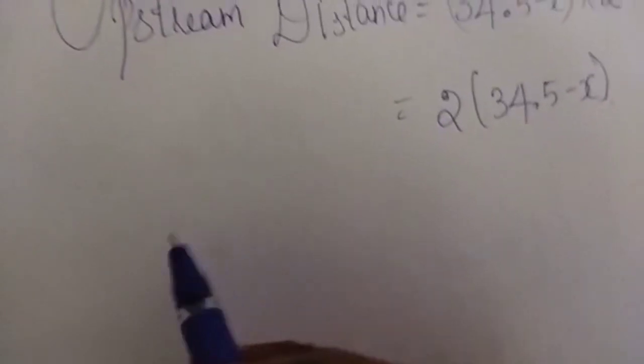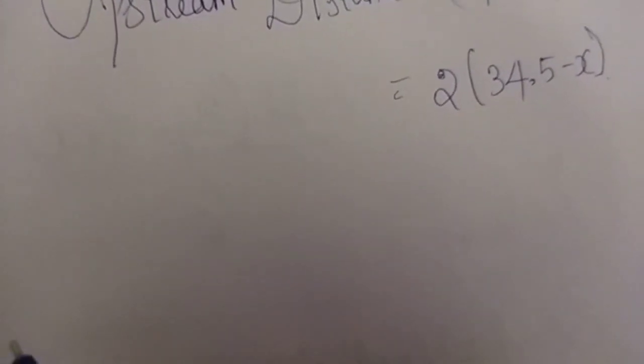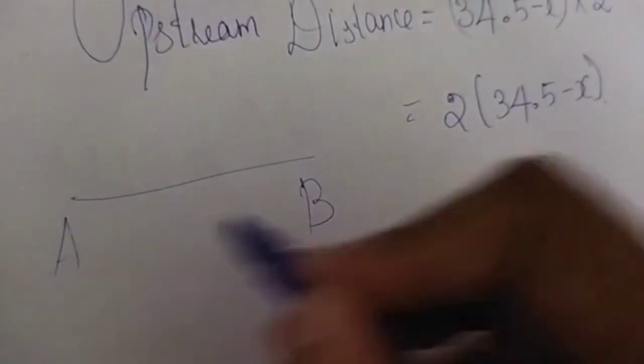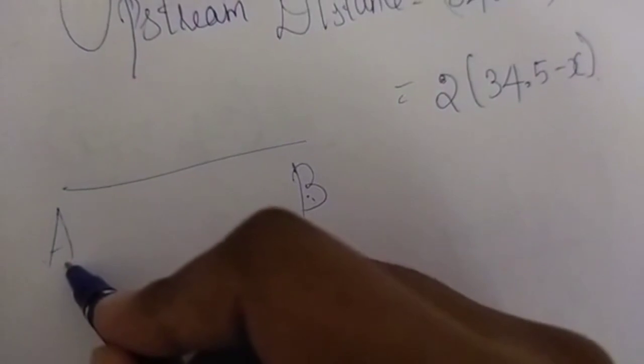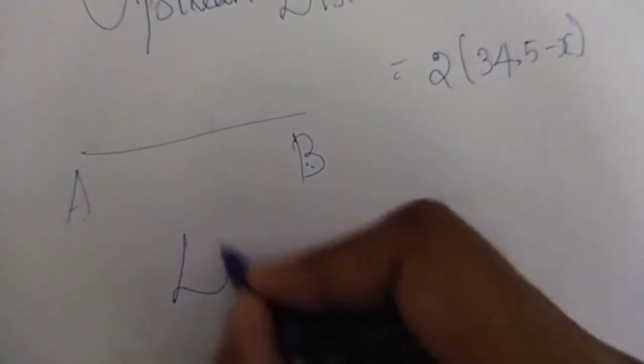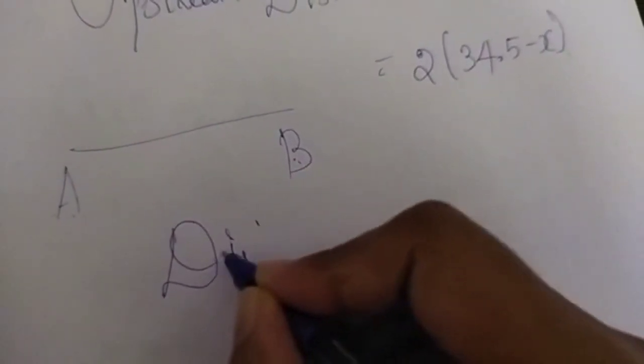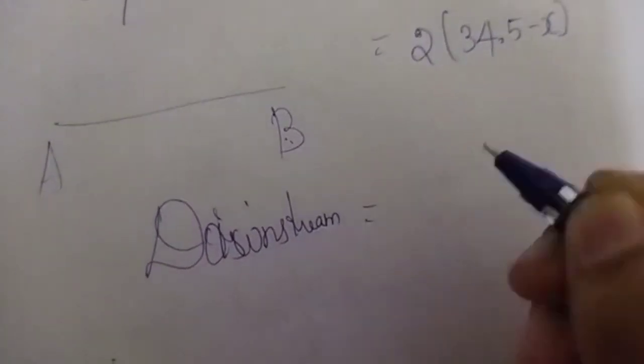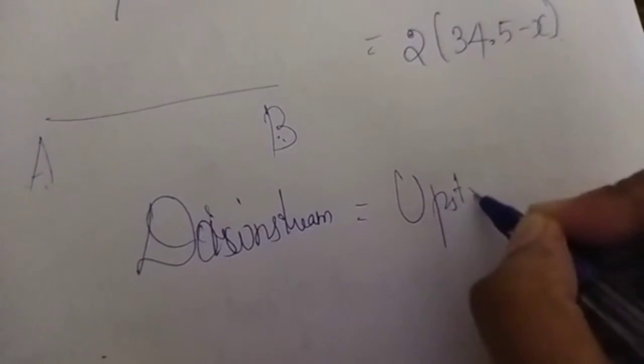The distance between two towns is always the same, right? Even if it is upstream distance or downstream distance, the distance between A to B is the same as the distance between B to A. So downstream distance is equal to upstream distance.